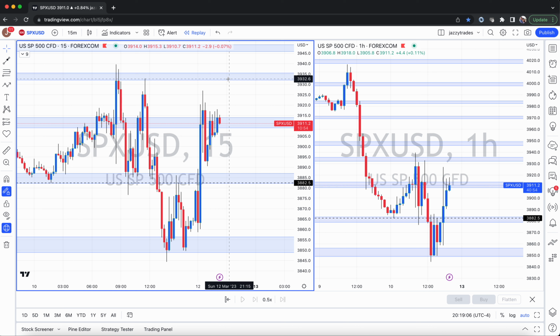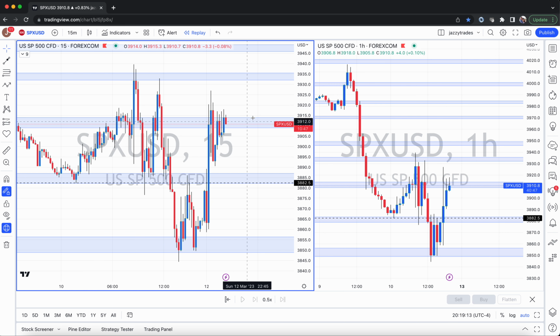That's how I take my exits. It's always on the way. I don't hold for too long, and I'm always watching 15 minutes. If you guys are good with this so far, I'm going to move to how to draw zones.